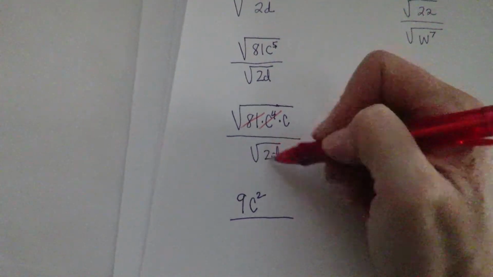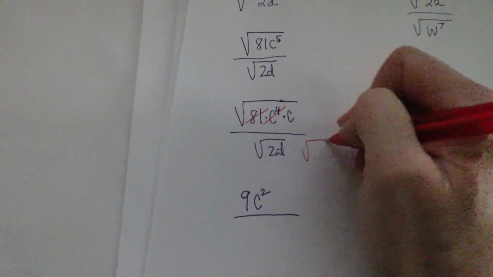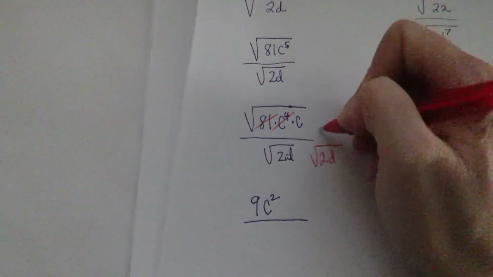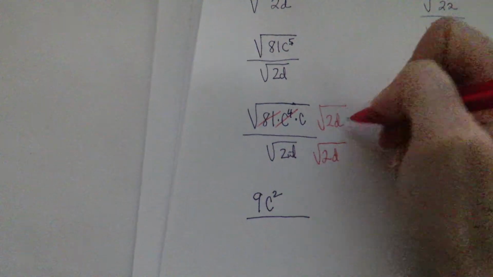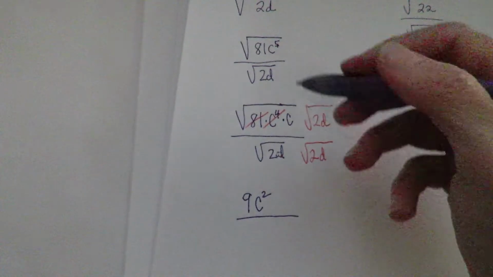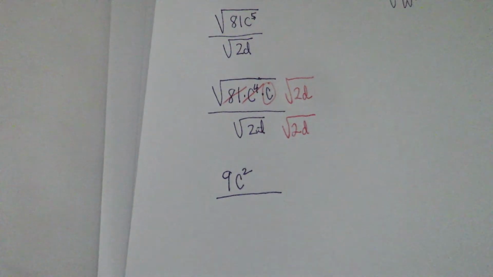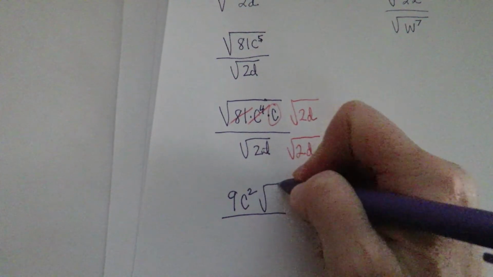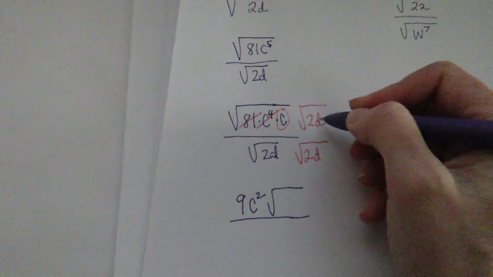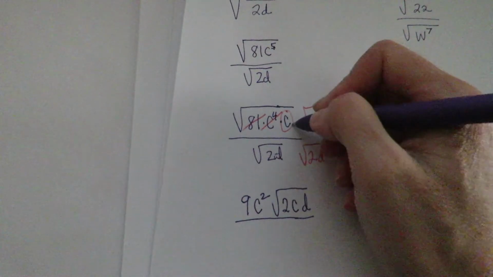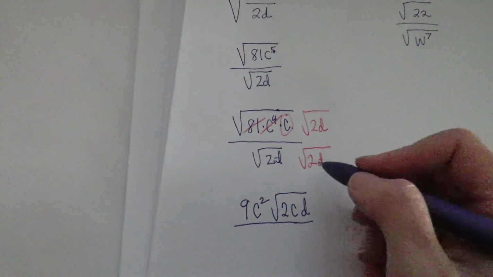Now, you can't have this radical in the bottom, so I have to give the 2 a twin and the d a twin. So they both need to be perfect squares. What's under the radical will combine with what's under the radical. So then this is going to be 2cd, because that's still left under. These won't come out.